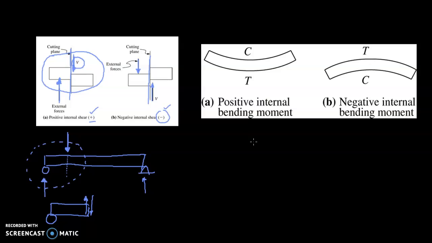Okay, the other type of force that occurs within a beam that causes stress is bending. So bending is caused by a moment. When a beam is bending, it's actually a combination of forces. There's tension in the bottom of the beam.